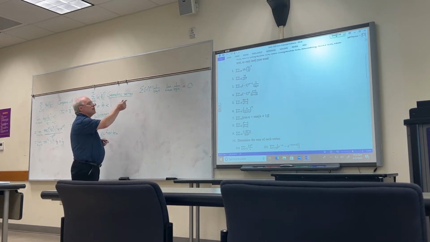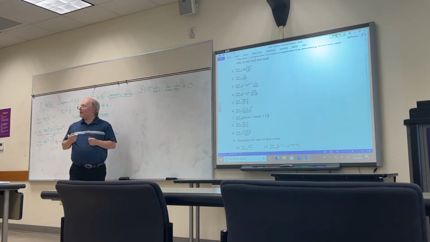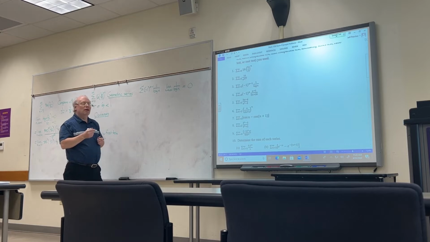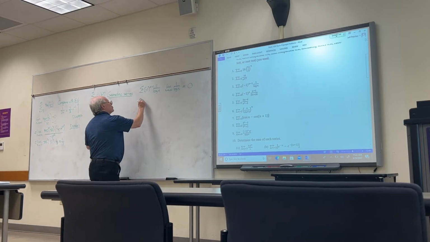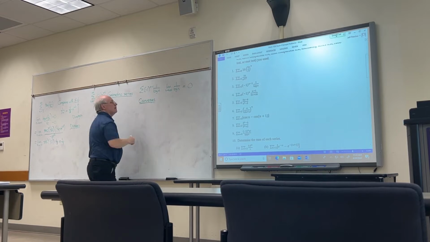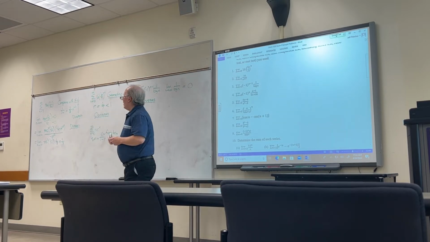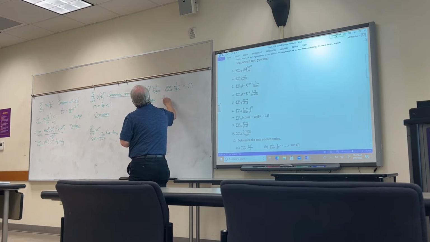So since the limit of the terms is 0, what does that tell us? Not that it converges to 0, it just tells us the series converges. And it's the alternating series test that tells us that.